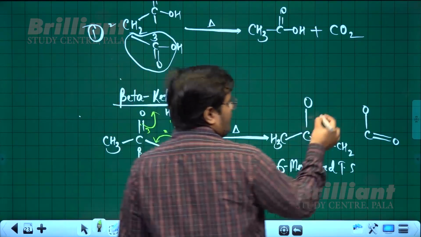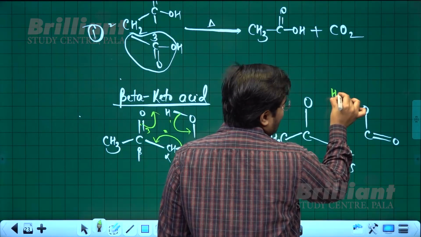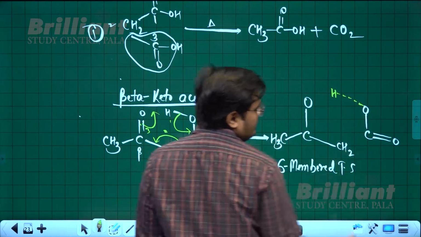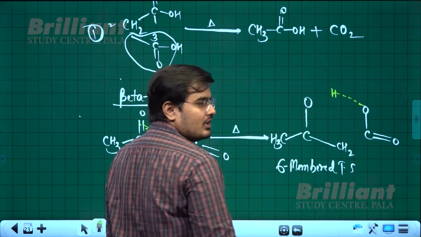So I can say this hydrogen starts cleaving its bond with this oxygen. So I am showing it with the dotted line.